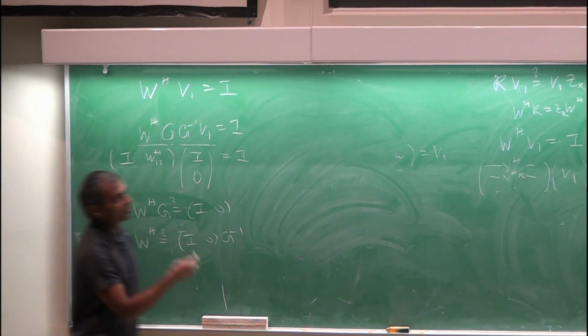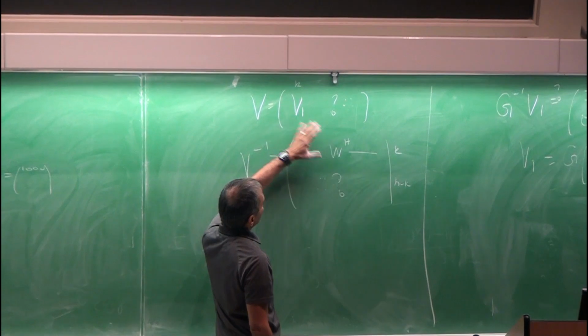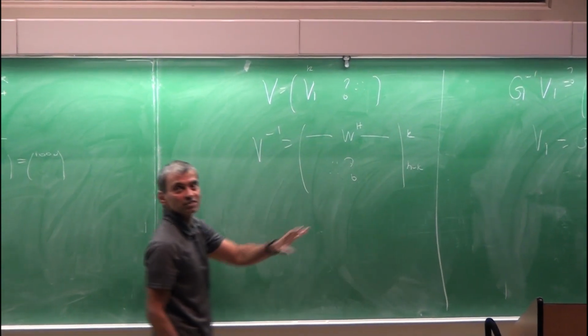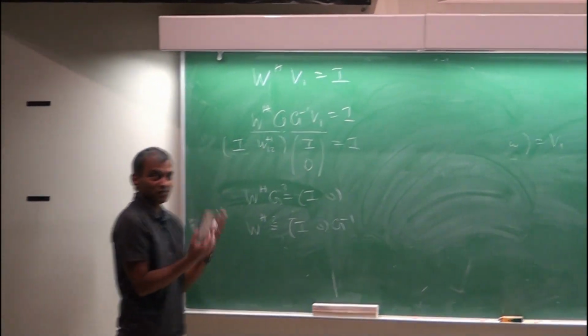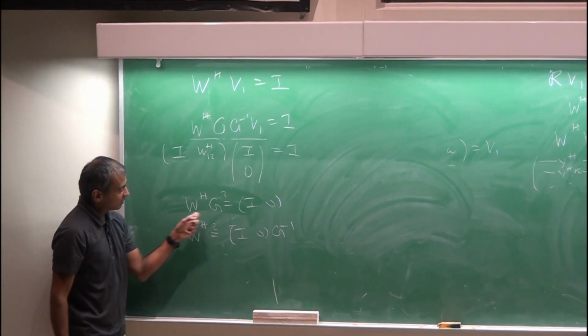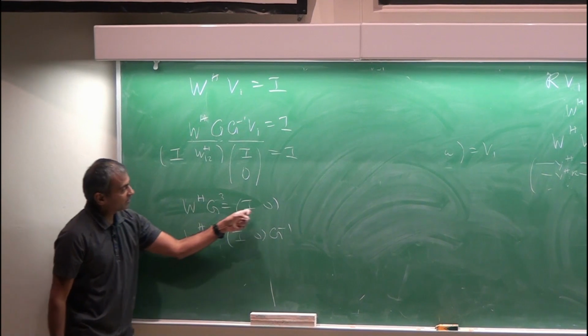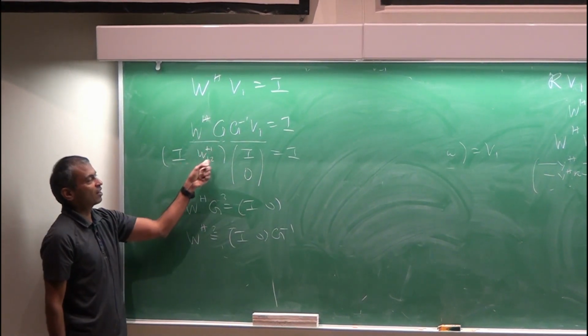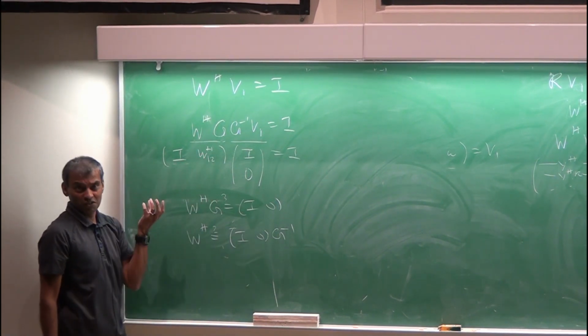That's the requirement: that we should complete the matrix such that V1 is the first few columns of V and WH is the first few rows of V inverse. Our candidate for this is G, and the first few columns of G are definitely V1, but we wanted WHG to be identity 0, and we get some crud over there that is not. So we've got to get rid of this.